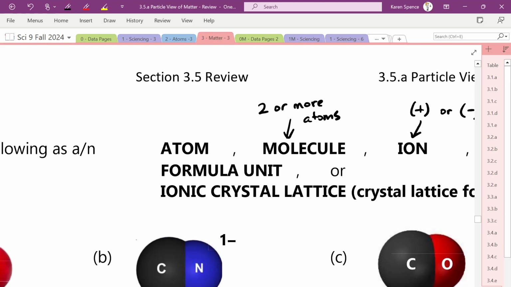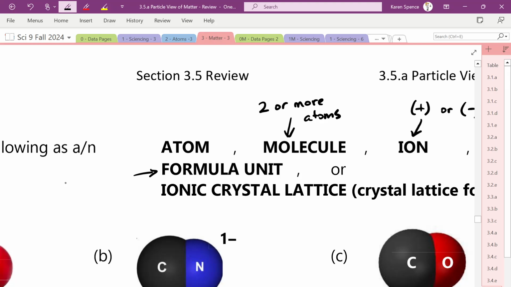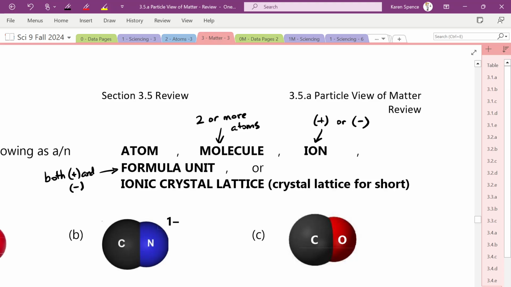A formula unit has both positive and negative because it is a single unit of an ionic compound. And an ionic crystal lattice you should be able to recognize because it's big and looks like a crystal. And then an atom is just an atom.